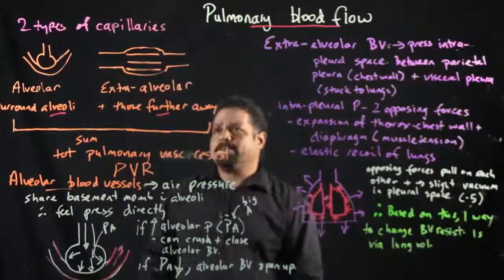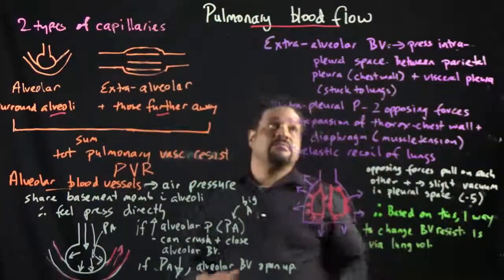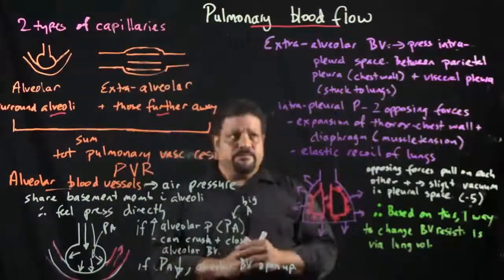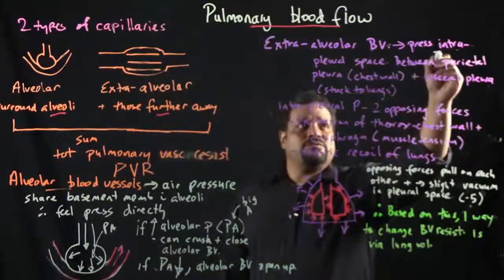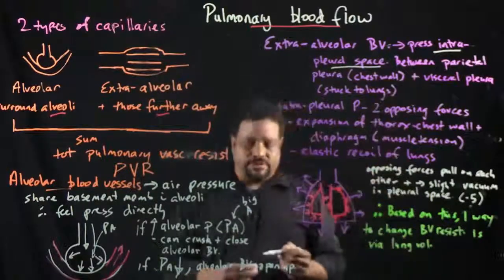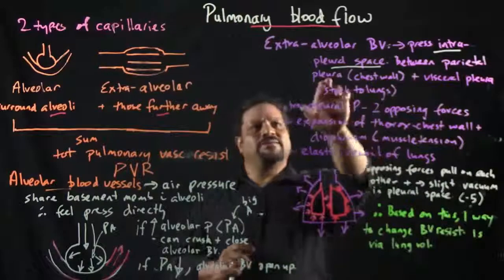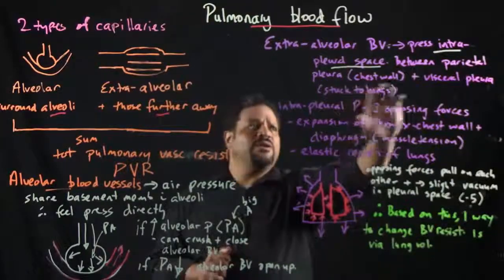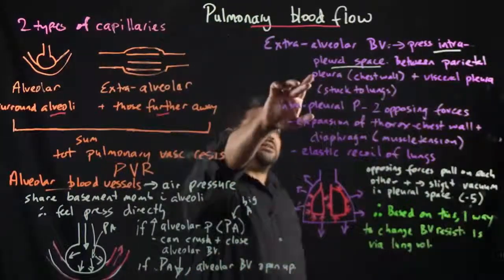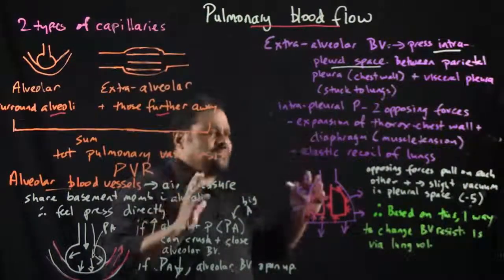Okay, now let's talk about the extra-alveolar blood vessels. The extra-alveolar blood vessels rely on the pressure in the intrapleural space. That intrapleural space is between the parietal pleura, which is attached to the chest wall, and the visceral pleura, which is stuck to the lungs. So the intrapleural pressure has two opposing forces.